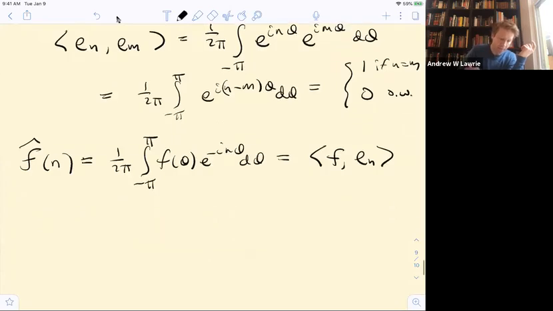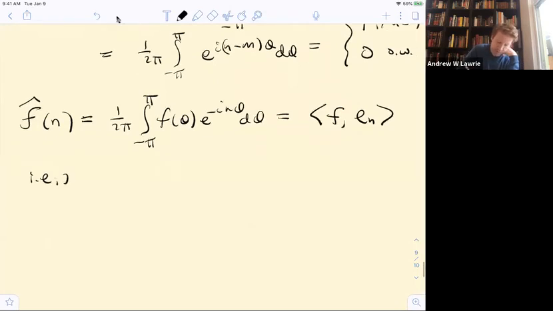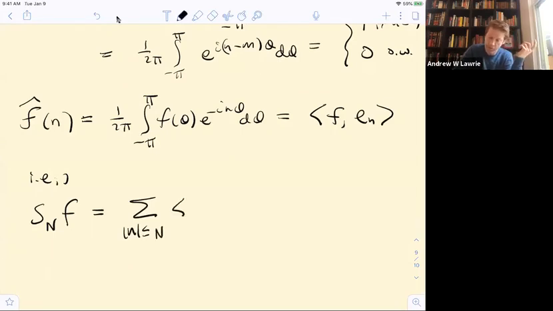And so what are the partial sums? I.e., S_N f is just the sum over all |n| less than or equal to N, sorry, this should be capital N, of the Fourier coefficients, which are the coefficient of the projection, times e_n, right?